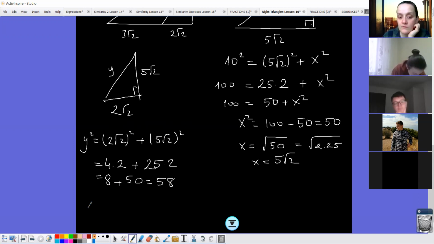So then it will be the square root of 58. So you can leave it like this, okay? If you can do a simplification, if you can find a square factor inside of 58, then you can take its square root, or you can leave it like this.